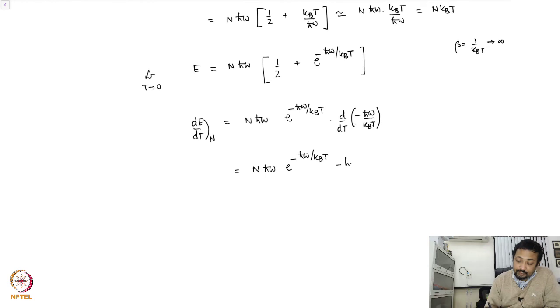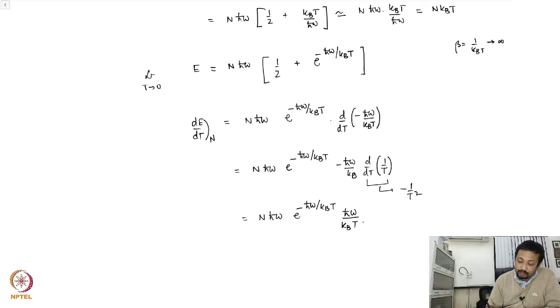I have a minus h bar omega over kB, and the derivative d dT of 1 over T is going to give me minus 1 over T square. So this is minus 1 over T square. So I have N h bar omega times minus h bar omega over kBT, and I'm going to have h bar omega over kB T square.